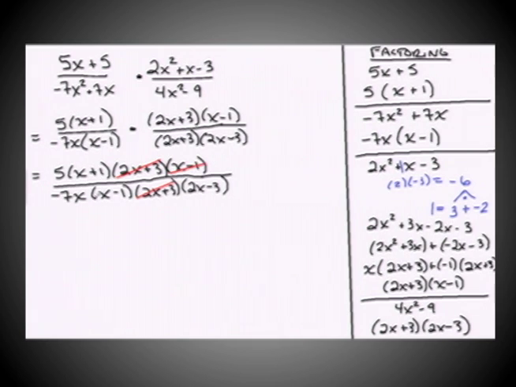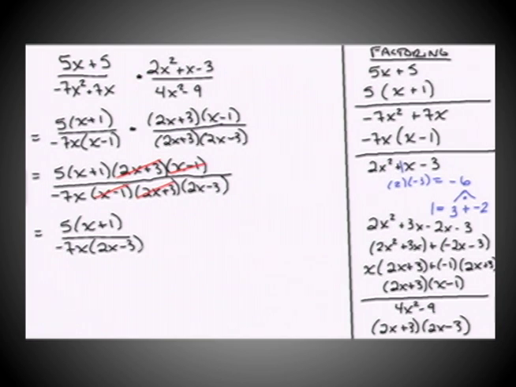X minus 1 divided by x minus 1 is just 1. And I just glance at the rest of it and see if there are any other common factors. I don't see any. So I'm ready to rewrite this. I have 5 times (x plus 1) divided by negative 7x times (2x minus 3).